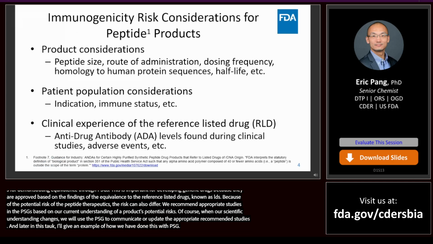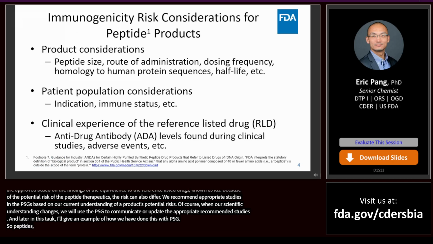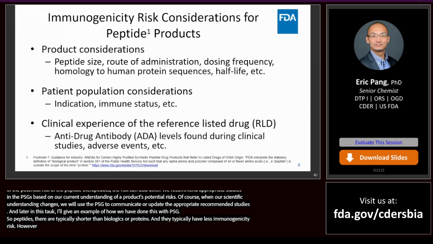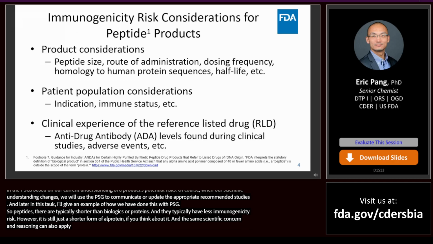So peptides are typically shorter than biologics or proteins, and they typically have less immunogenicity risk. However, it is still just a shorter form of a protein if you think about it, and the same scientific concern and reasoning can also apply to peptides. When we're looking at the immunogenicity risk, we're looking at the following considerations.